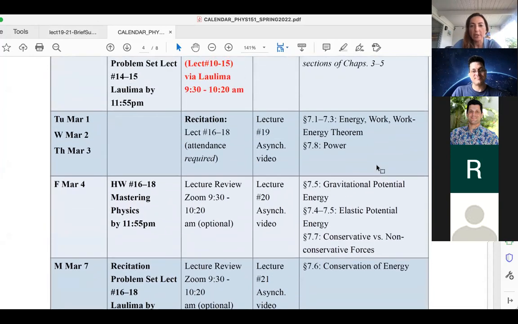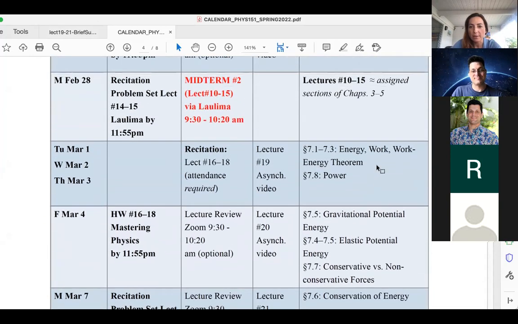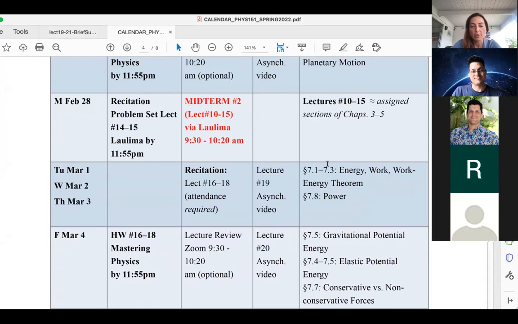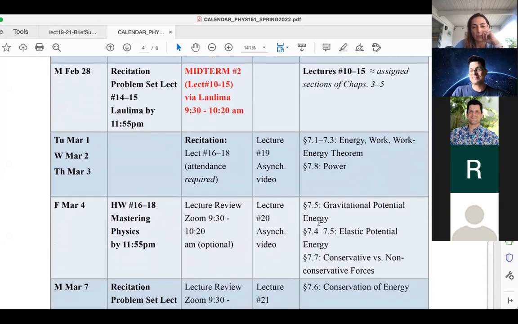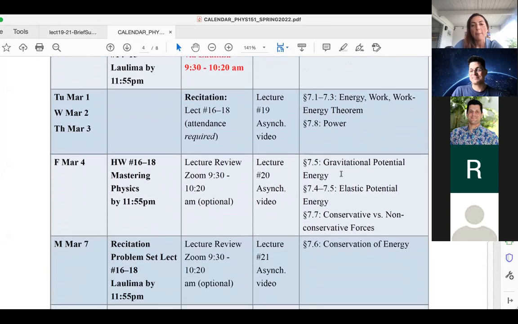And I think we also need to cover this class here. Before that, we need to cover energy, work, the work-energy theorem and power. So this will be mainly the topic of today, and probably we will cover a bit also of conservation of energy because they really go together with the previous topic.